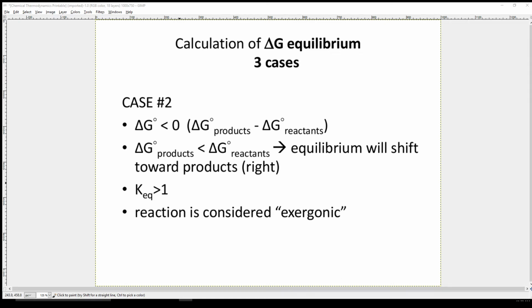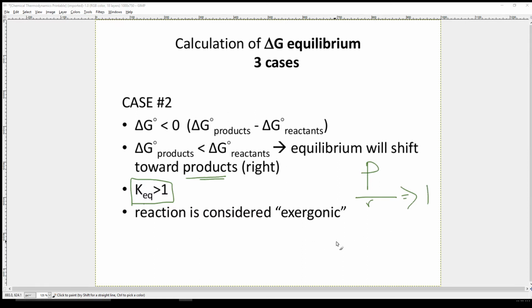Now, this all has to do with free energy. The free energy of your products is less than the free energy of your reactants, so equilibrium will shift towards your products to try to balance out those free energies. In a situation like this, you could predict that your equilibrium constant will be greater than 1, because we're going to have more products. Remember, lots of products, not very many reactants, gives you a number greater than 1.